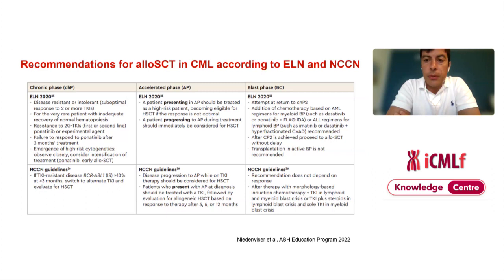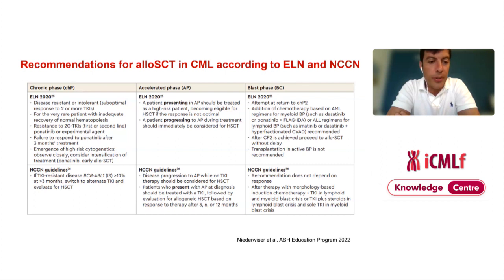These suggestions that I presented have been published by the MD Anderson Cancer Center, and they are shared with the recommendations of the ELN and NCCN guidelines. In general, if we have a patient presenting in accelerated phase, we should prefer a second-generation TKI.